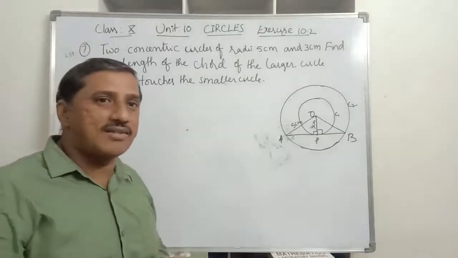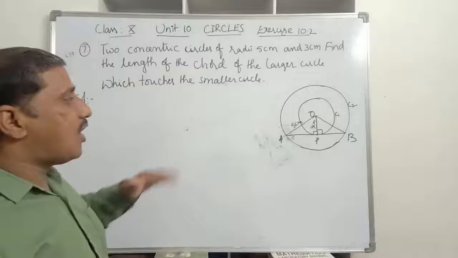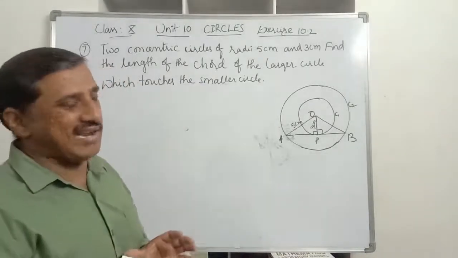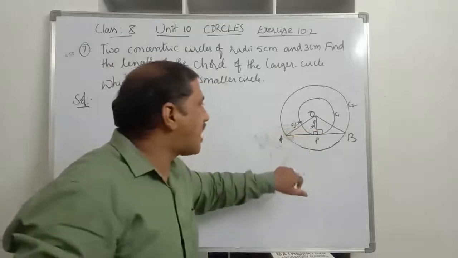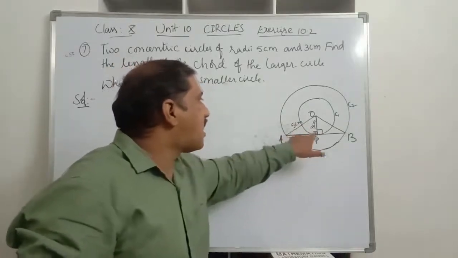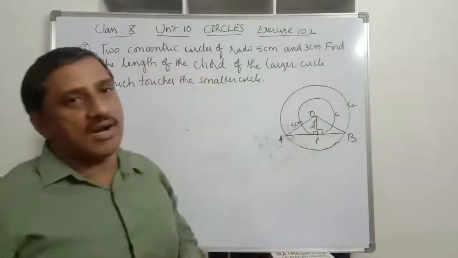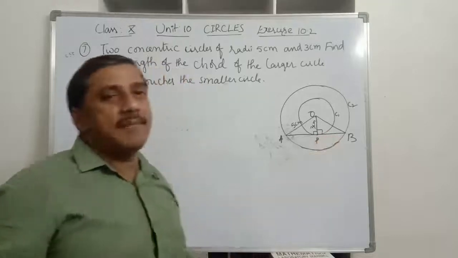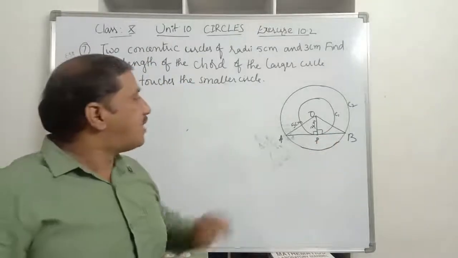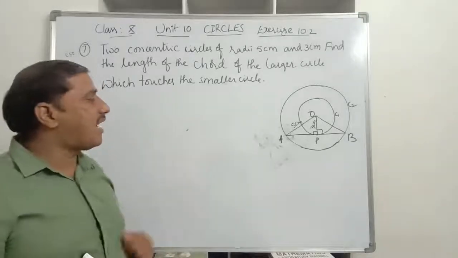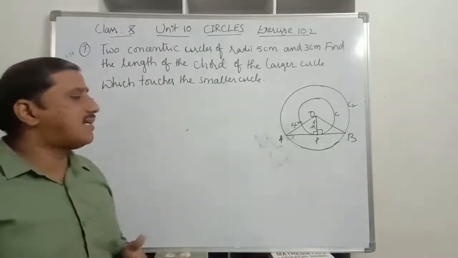We studied this in class 9th, the circles chapter. Use that concept, or you use the congruency of triangles. First prove that triangle OPA and triangle OPB are congruent triangles. Then we can say AP is equal to PB by CPCT. Then these two are right angle triangles, so apply Pythagoras theorem and find AP. Double that, we will get AB.